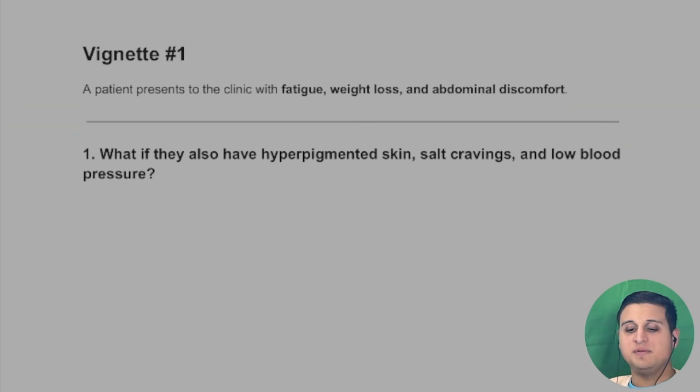We have a patient that comes in. They have fatigue, weight loss, and abdominal discomfort. So when we think of those three symptoms together, there's a lot of different things that we can think of, right? Some sort of cancer. We could think of some sort of autoimmune condition.